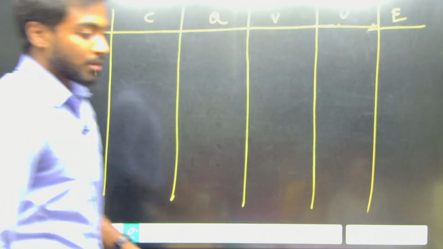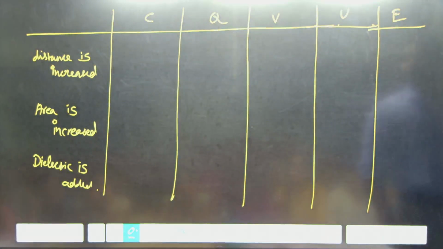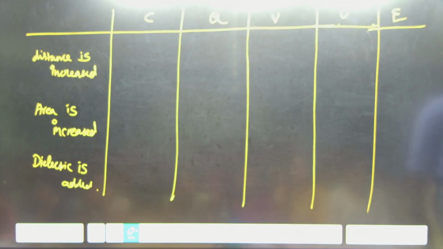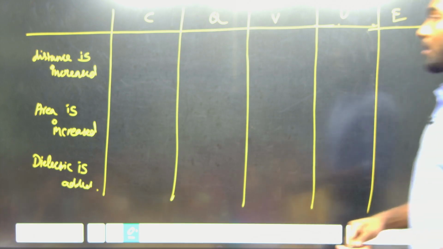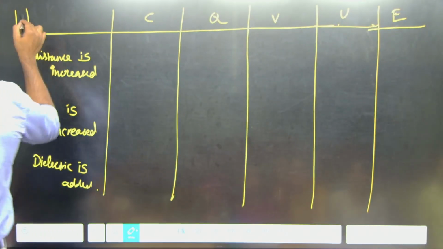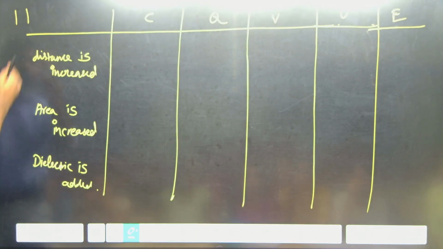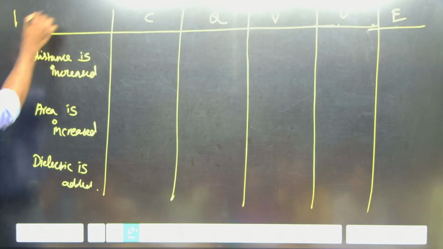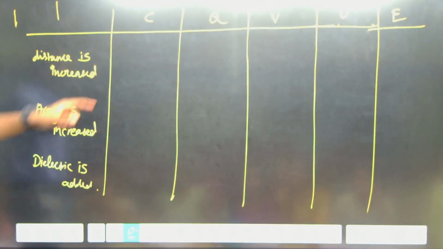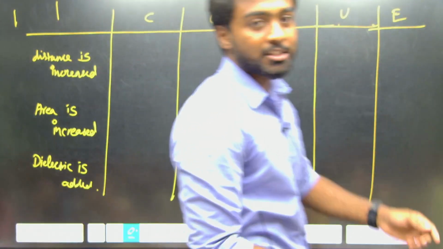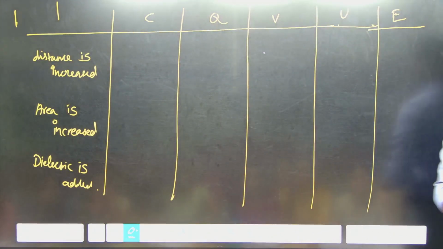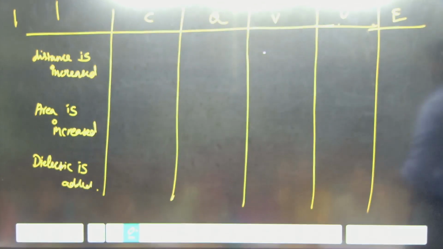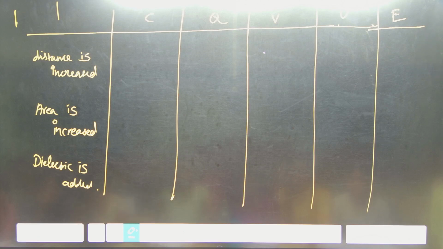So the topics are capacitance, charge, potential, energy, and the electric field. The meaning of this is, there is a capacitor which is connected to a battery. If I try to increase the distance, what happens to the capacitance, charge, potential, energy and electric field, whether it is increasing or decreasing.